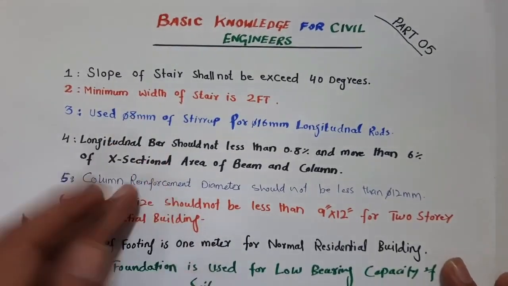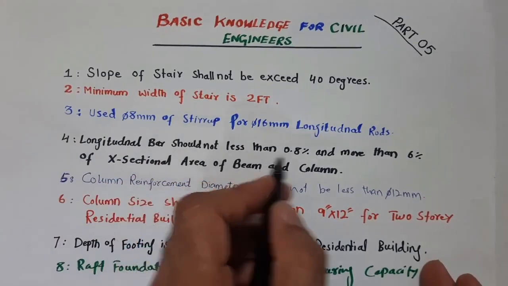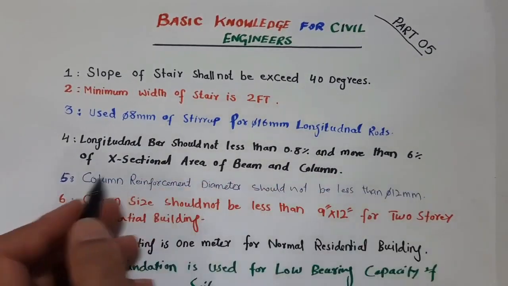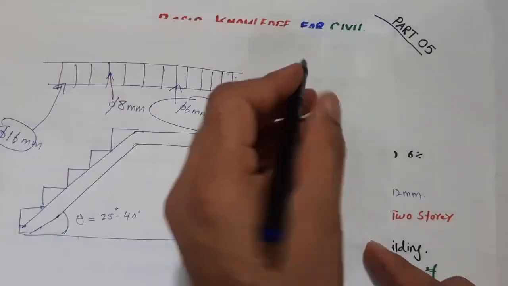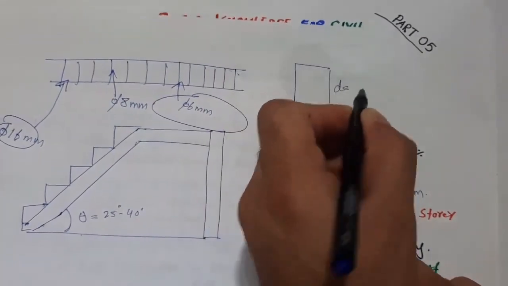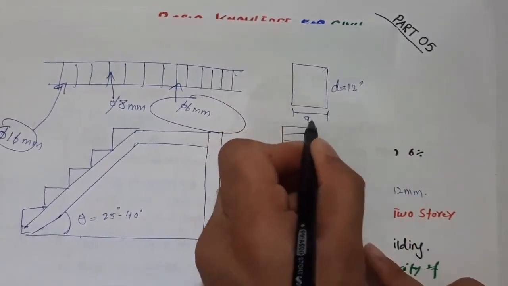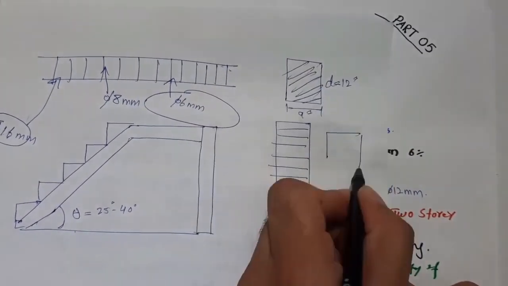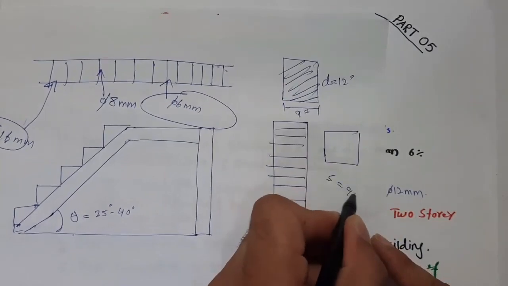Okay. The next one is guys, longitudinal bars should not be less than 0.8% and more than 6% of cross-sectional area of beam and column. Guys, you can see this is the cross-sectional area of beam. Suppose the depth is 12 inches and the width is 9 inches. Okay, so this is cross-sectional area of beam. So if this is column, suppose this side is 9 inches.